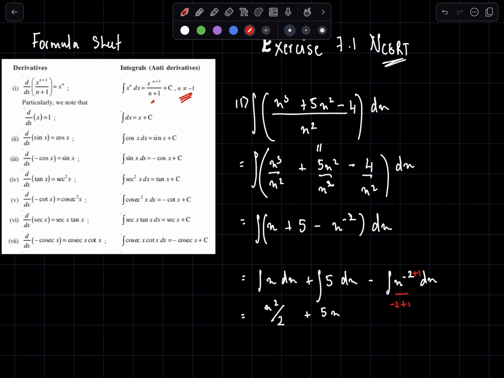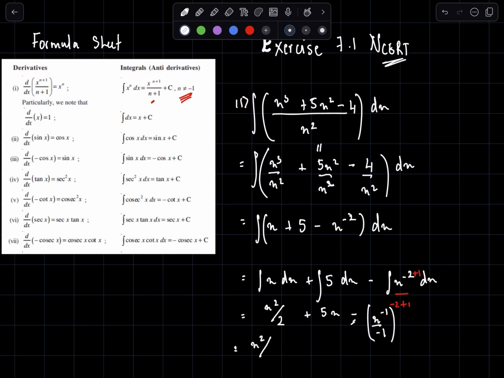Okay, because you will get, let's make sure that we are on the same path, x raised to the power -1 divided by -3. No, I'm sorry, -1. Sorry, -1, correct? -2 plus 1 is -1. Okay, now of course the negative sign will change this sign to positive.